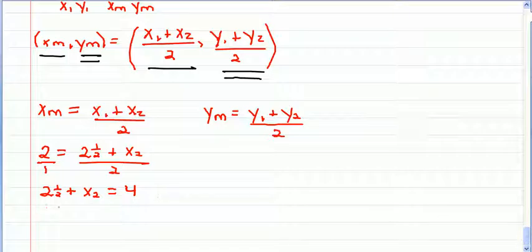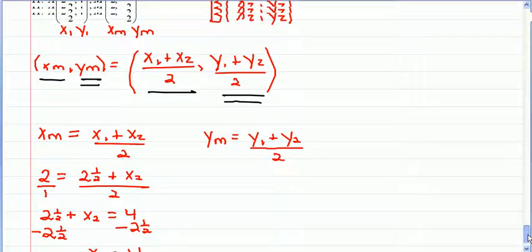So in this one, I'm going to leave this as a mixed number because I'm just solving for x sub 2, and all I have to do is move the 2.5 over to the other side. And if I take 4 minus 2.5, 4 minus 2.5 is 1.5. So I found my x sub 2 to be 1.5.